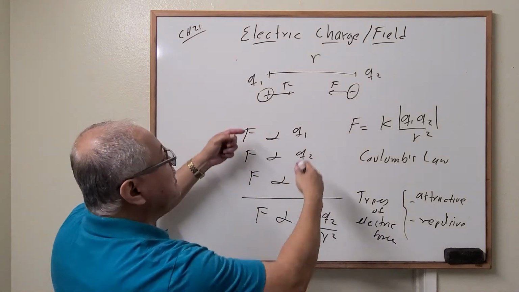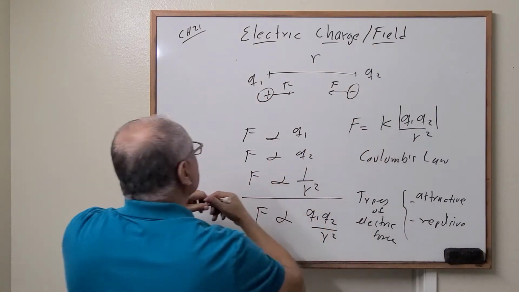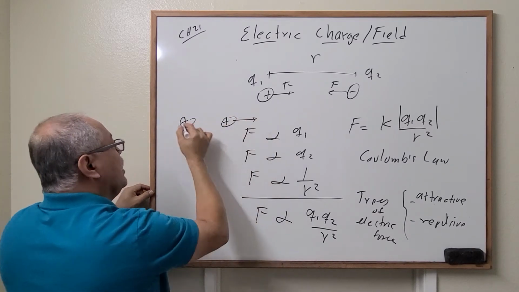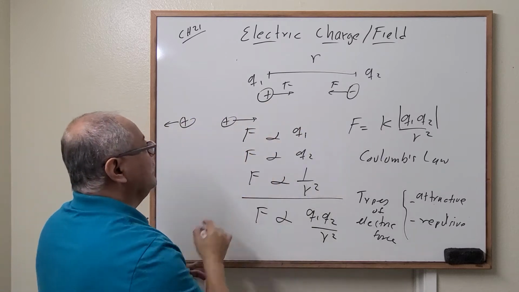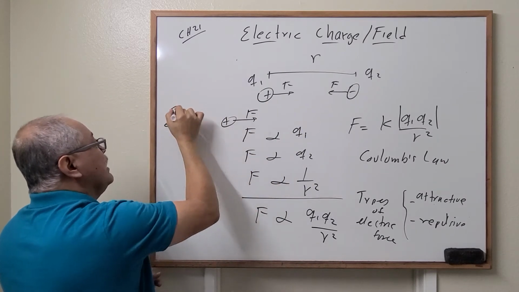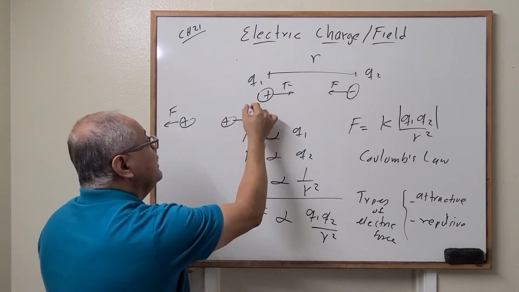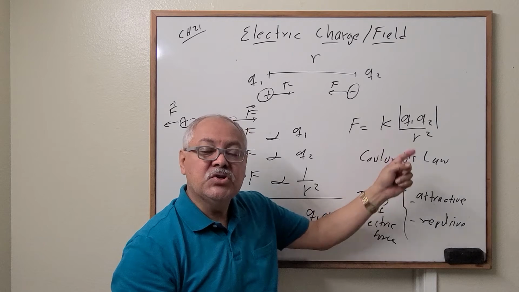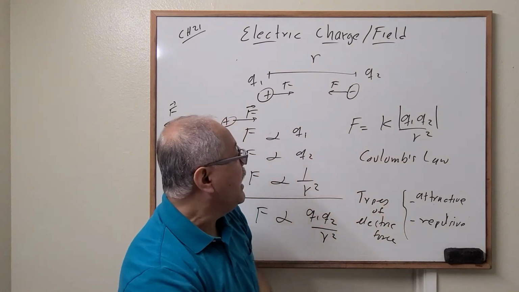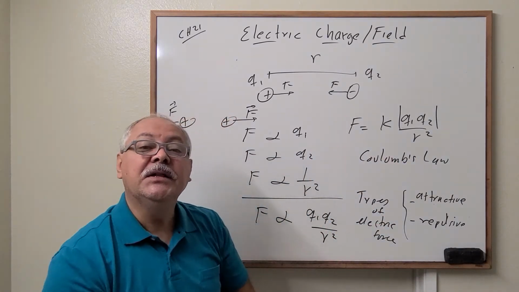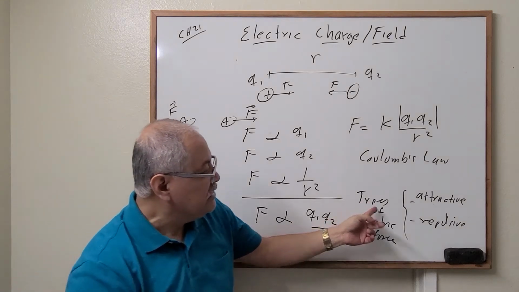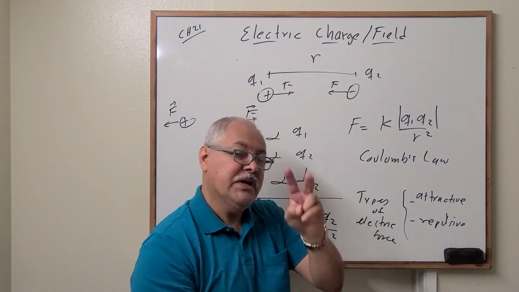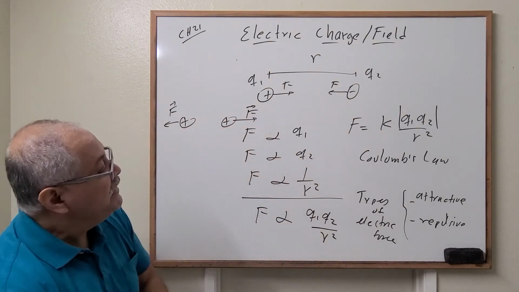For example, in this case, the direction is toward each other. What happens if we have the same type of charge? The direction is opposite, away from each other. This is the way we can find the direction, and this is the way we can find the magnitude. So at the end we have the force as a vector, with magnitude and direction, or we can use the concept of attractive force and repulsive force, only two types.